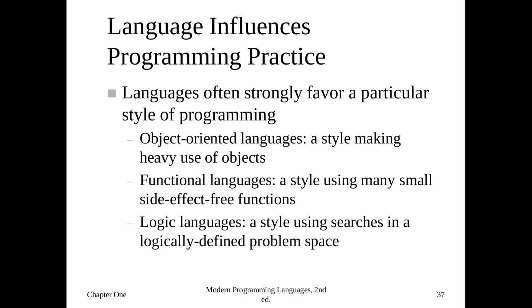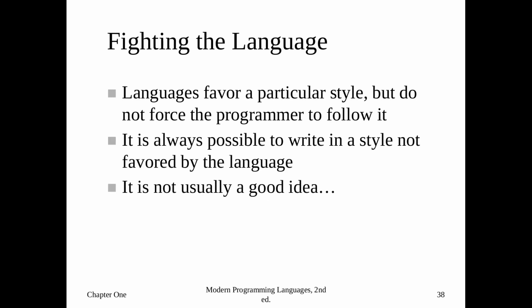Ruby also pushes towards object orientation, although we're not going to use that here. Functional languages make you want to build lots of tiny functions that are essentially just a bunch of recursive functions solving a problem. Logic languages, well, we'll get into that, but it's interesting how it works. You essentially define a database and then you search through it trying to solve a problem. It's quite interesting how it works.